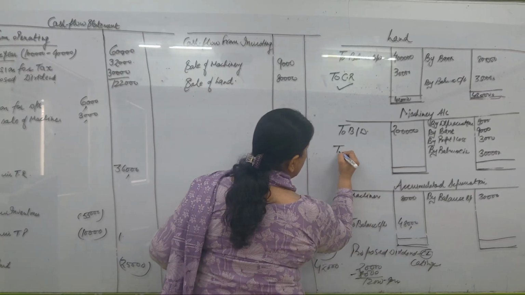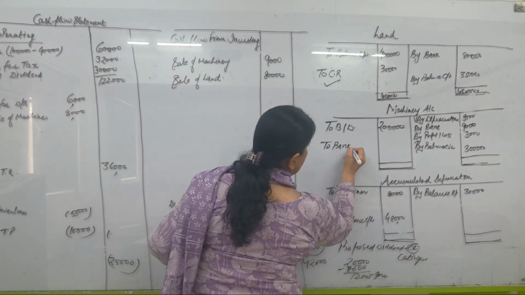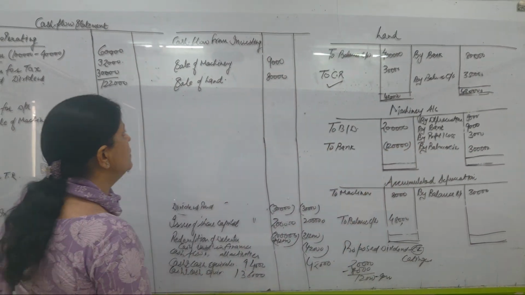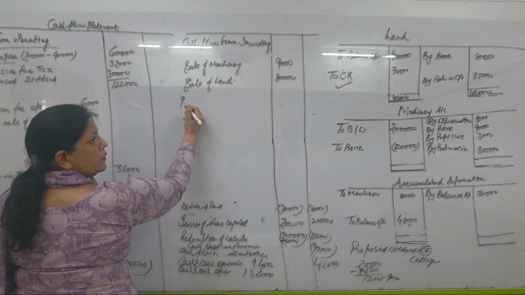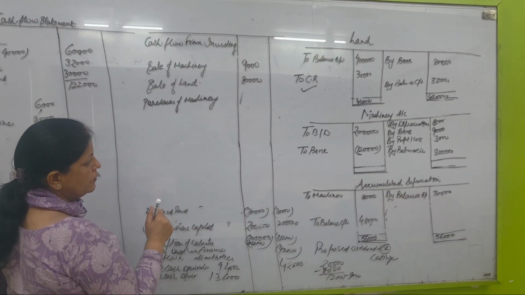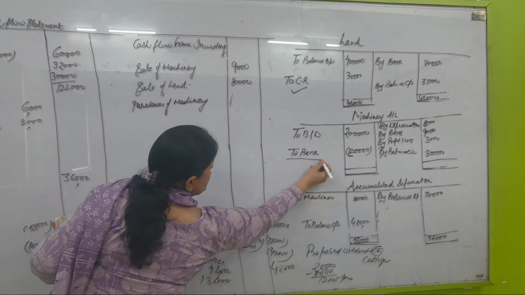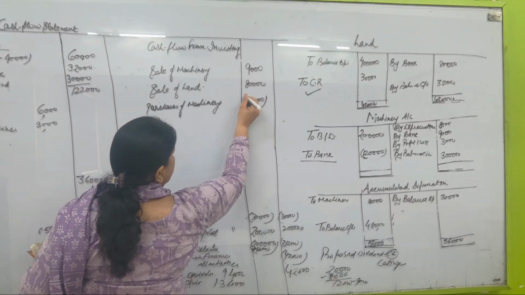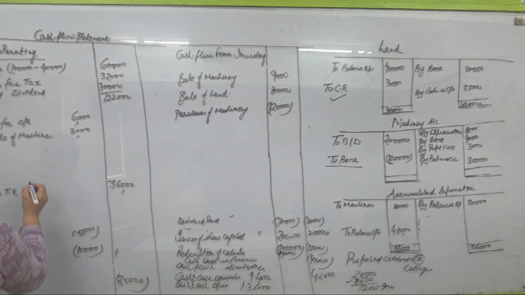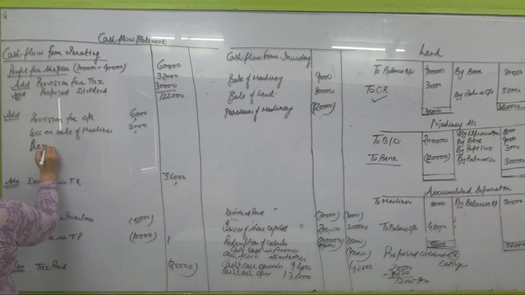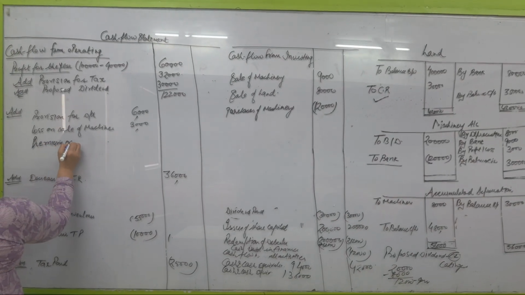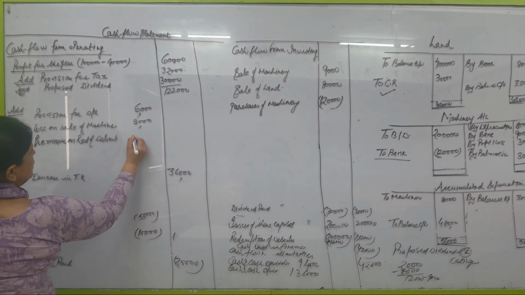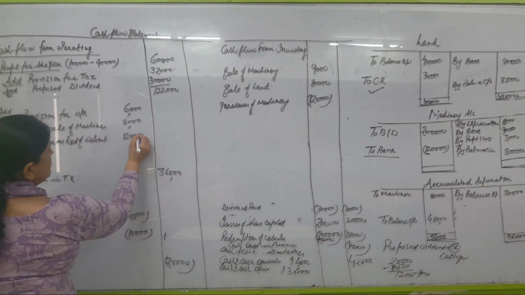Difference, to bank purchases, purchases of machinery, 1,20,000. Premium loss, premium on redemption of debentures, 12,000.